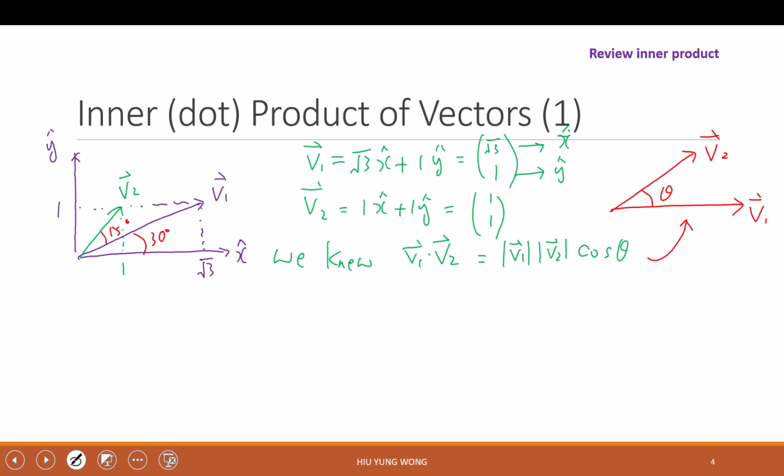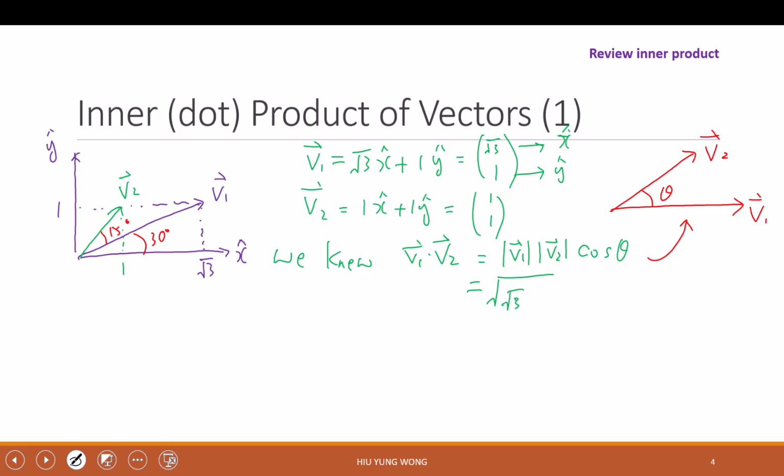And it doesn't matter if you forgot, you just need to memorize it, put in your cheat sheet or whatever. Okay, this class is about quantum computing, not trigonometry. Is that okay? But you need to remember, okay? But we should also review some of the basics, right? How do you find the length of V1 in a 2D plane? Yes. Square root, thank you, of what?